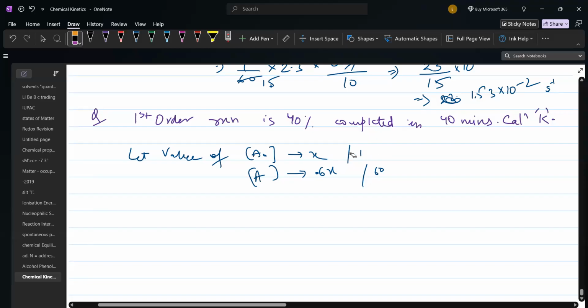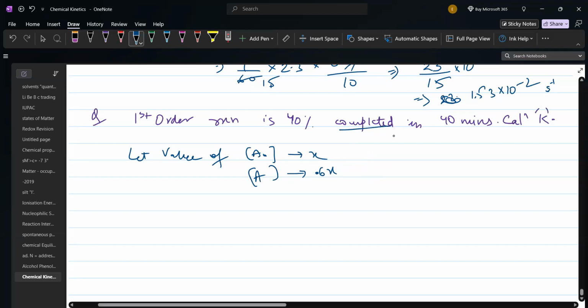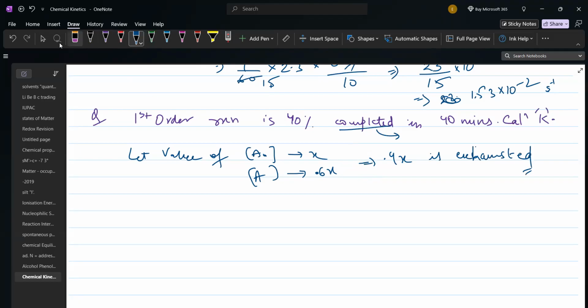Please solve it. 40% completion, you understand, 60% is left or 0.6 is left. Yes or no? 0.4x is exhausted and 0.6 is left. Yes, okay, now apply the formula and solve.